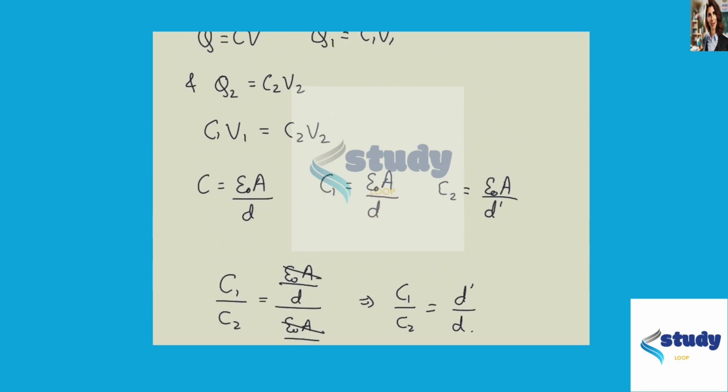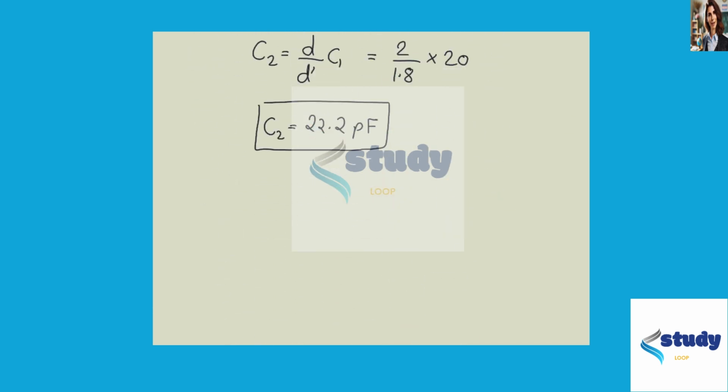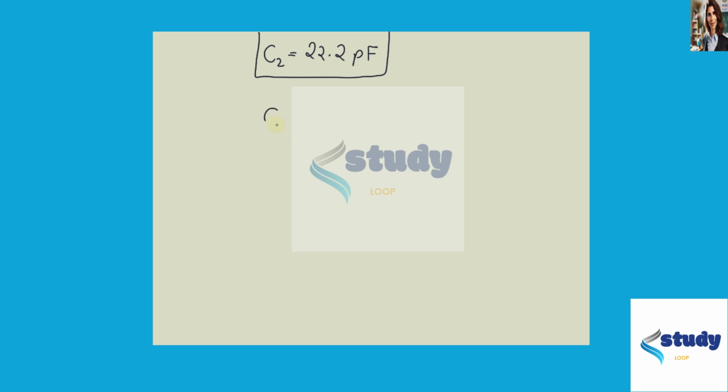We will use this in our equation. Let me write it once again: C1 V1 is equal to C2 V2. This was the equation we had. Let us rearrange for V2 first, that is what we need to calculate.